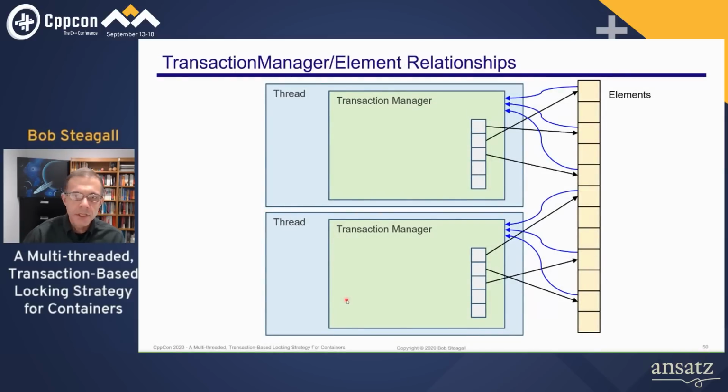So the picture I'd like you to keep in your mind is this. Here I have two different threads in my very simple diagram. Each thread has its own transaction manager, and each transaction manager has the list of lockable items which are currently members of the update group. The list of lockable items has pointers which point to the relevant elements that are members of the update group, and each lockable item points back to the transaction manager so that the element being locked knows which transaction has locked it.